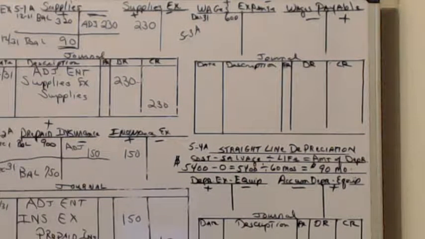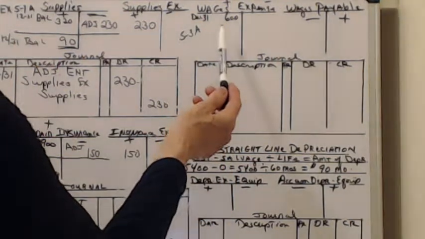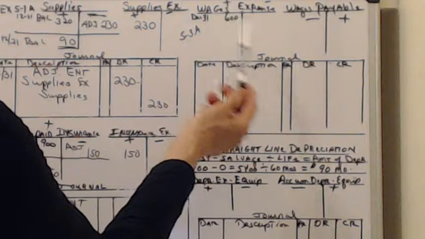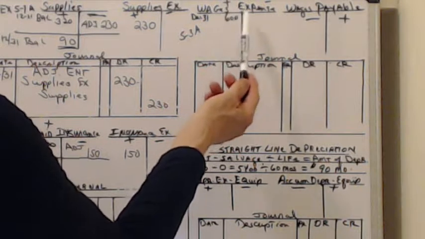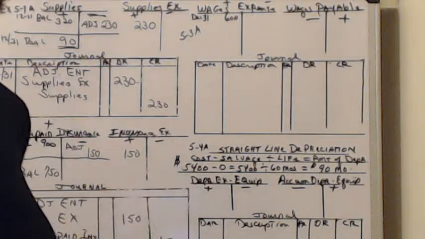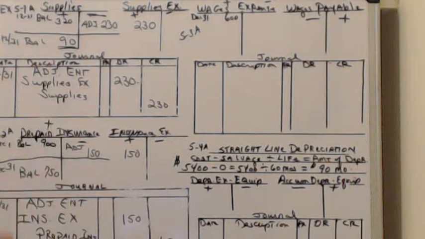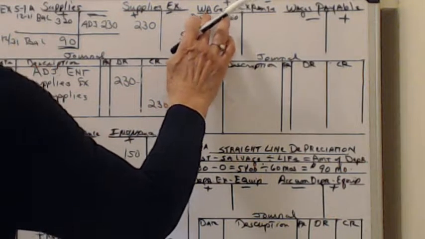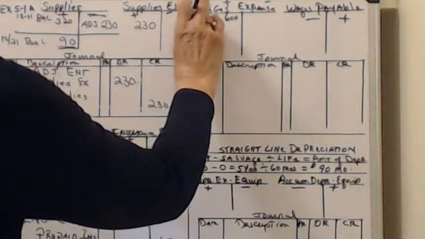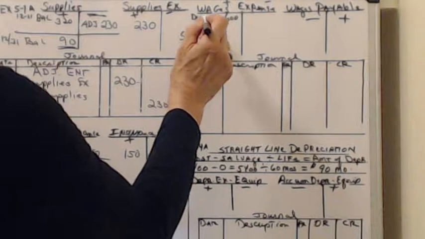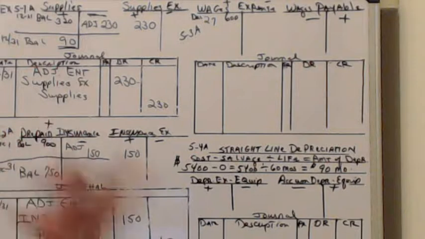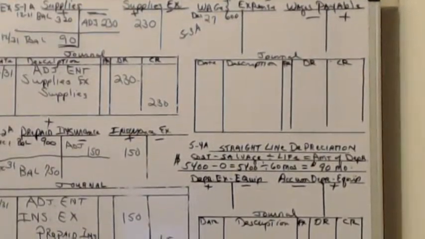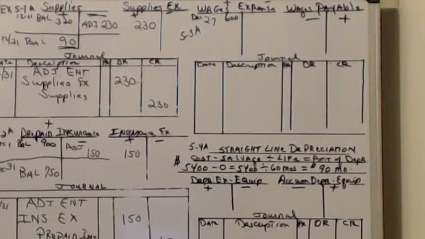So it looks like on this one, so far for the month of December, the employer has paid wages to the employees of $600. So let's say that, instead of December the 31st, he paid $600 on December the 27th. It is now December the 31st, and his employee may have worked a few more days in December.